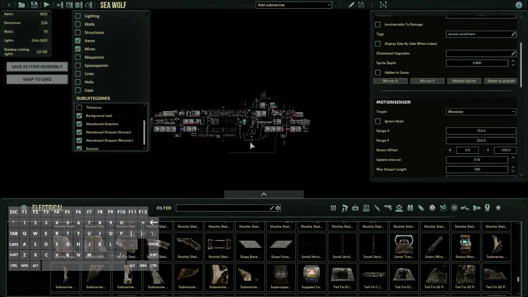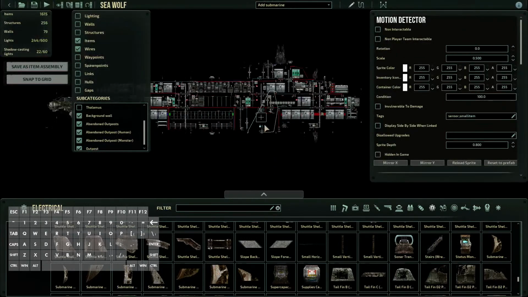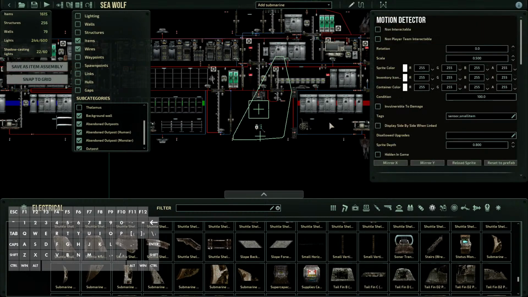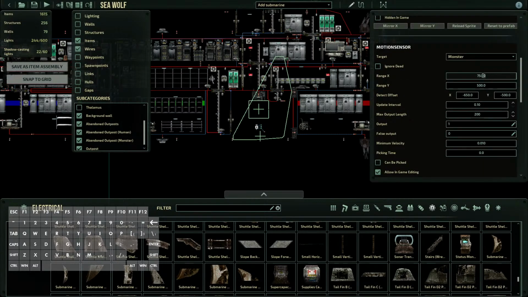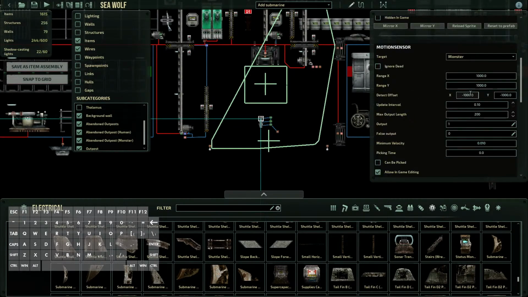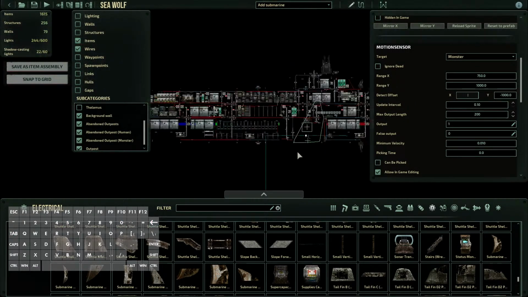And then this one is 750 across, 250 down, centered. Okay. 750 across, 500 down, centered. And then number 3 is 1,750 across, 1,000 down, centered. All right.